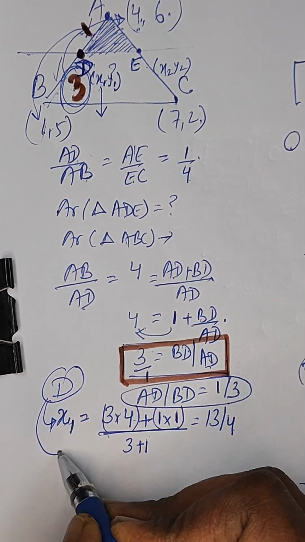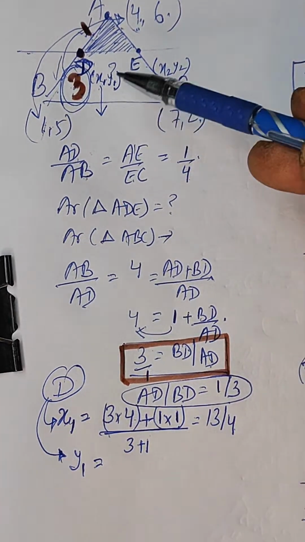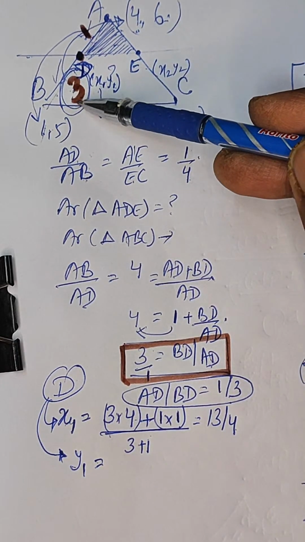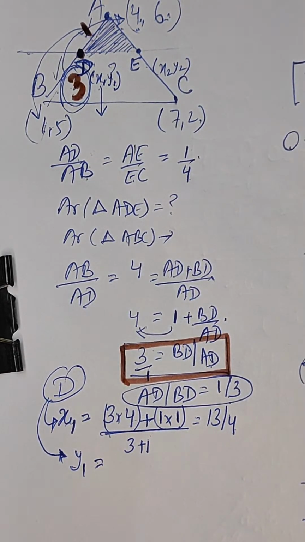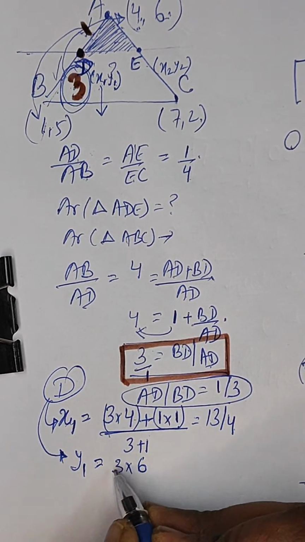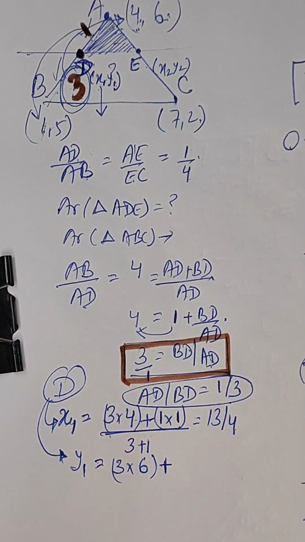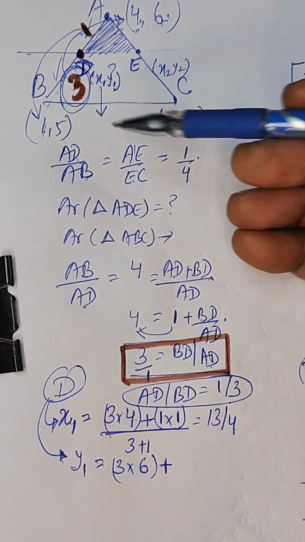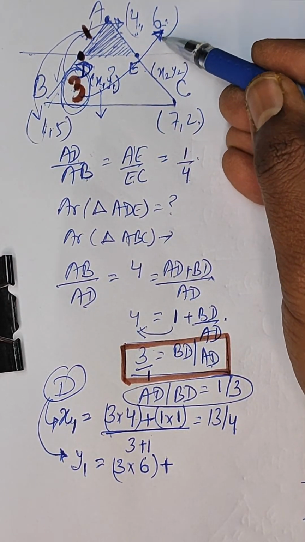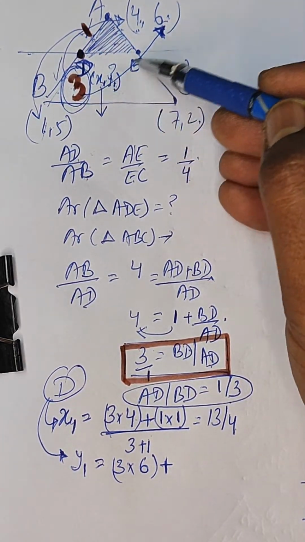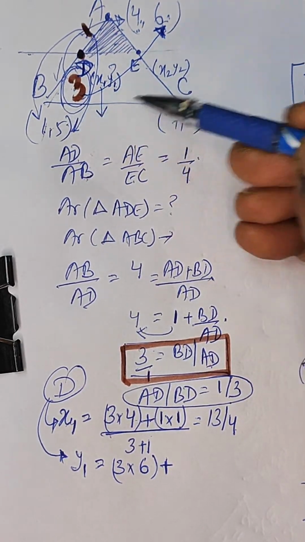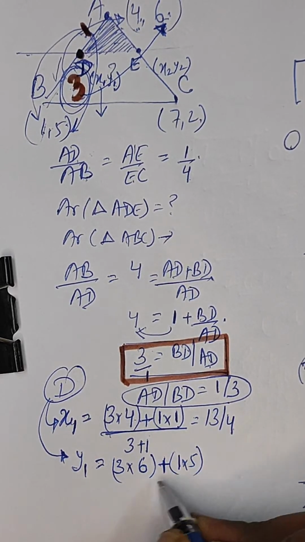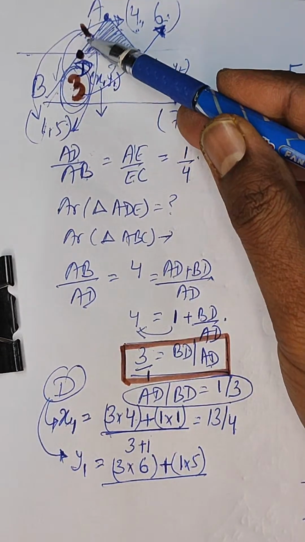Now what will be the value of y1? Simply apply the same thing: 3 multiplied with 6, plus 1 multiplied with its other end, which is 5. So 3 into 6 plus 1 into 5, in the numerator, and in the denominator 3 plus 1, the section formula.